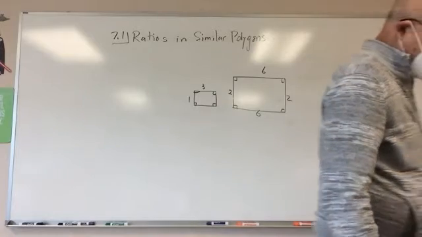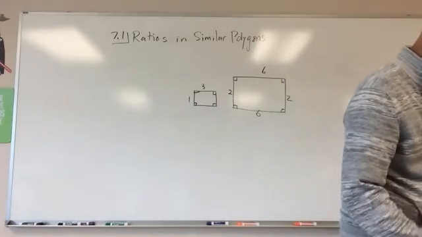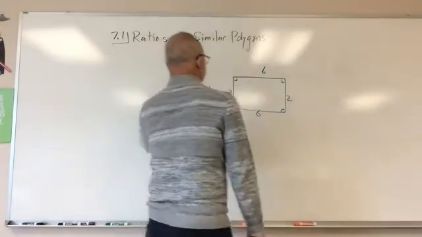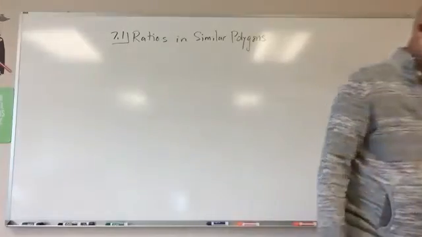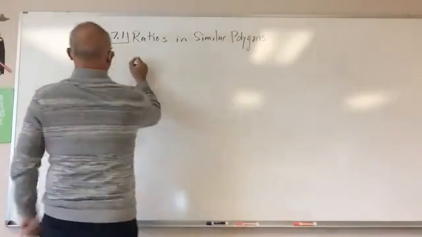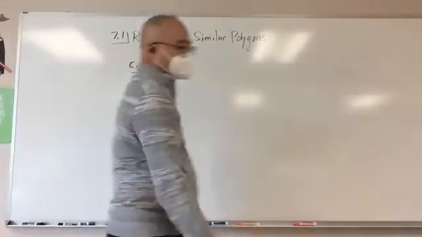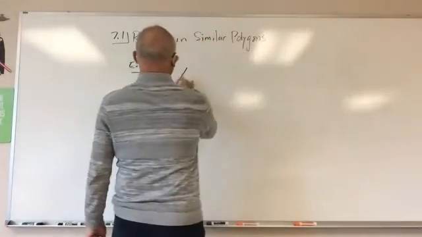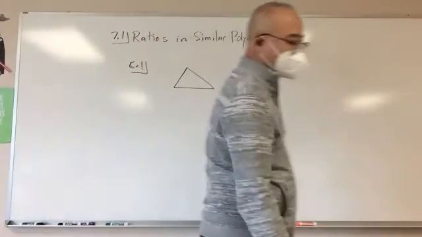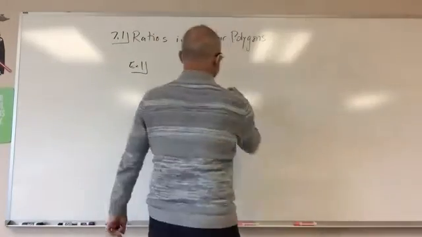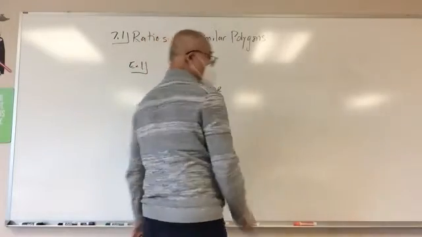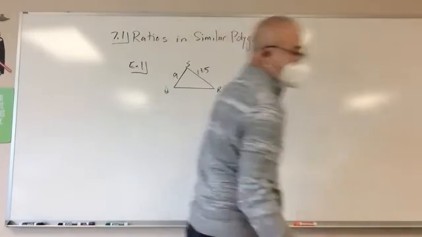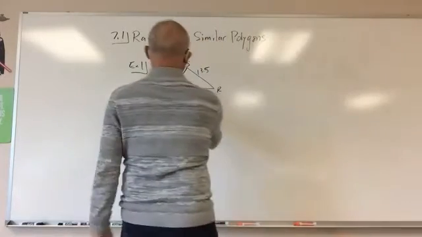Example number 1, identifying the pairs of congruent angles and corresponding sides. We have 2 triangles here that are similar. We have Q, R, S, with 9, 13.5 and 18.